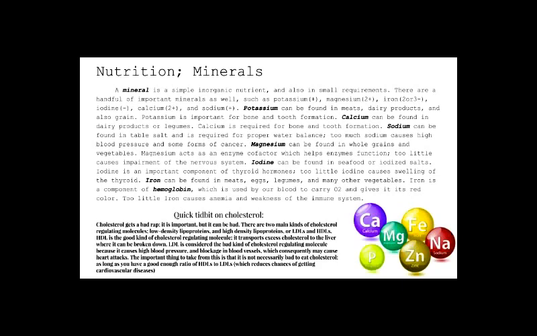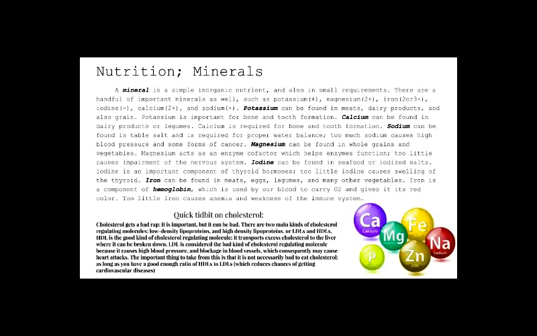Maybe the body says, no, let's retain some water. So instead, on our distal convoluted tubule, let's put some ions back into the bloodstream. Let's force some water back into the bloodstream, and then that'll work itself out. And the water kind of follows those ions because it wants to go from areas of high concentration to low concentration.